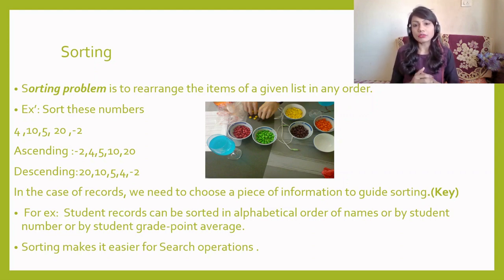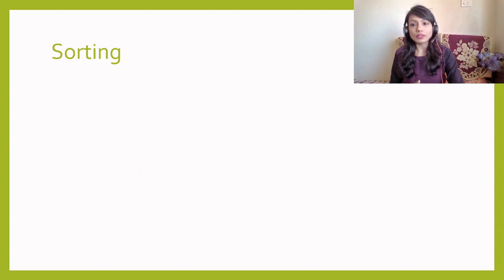Otherwise, if given a telephone directory that is not in any order, how will you search so many numbers? Even in student records, if they are not in alphabetical order, it will be very difficult to search. So your search operation becomes easy with sorting.